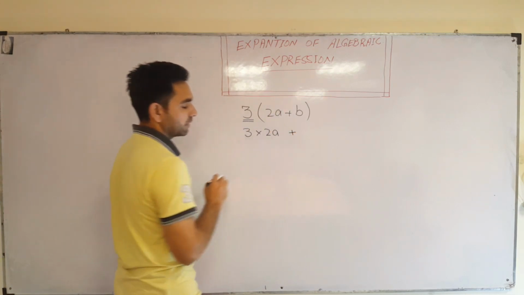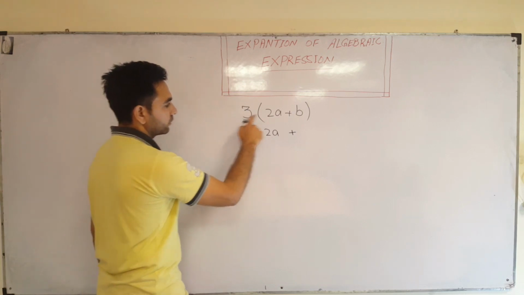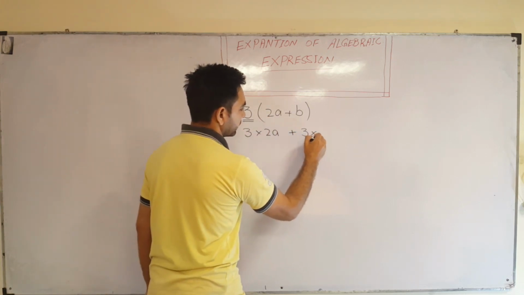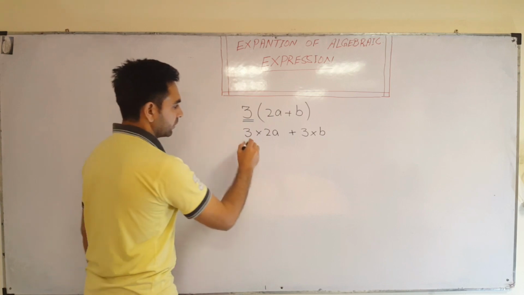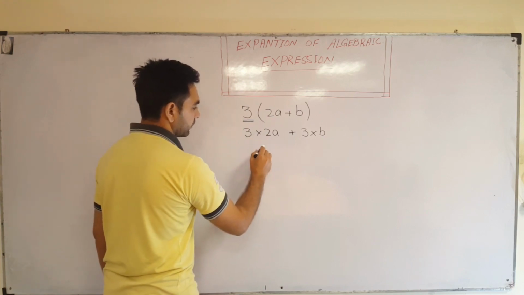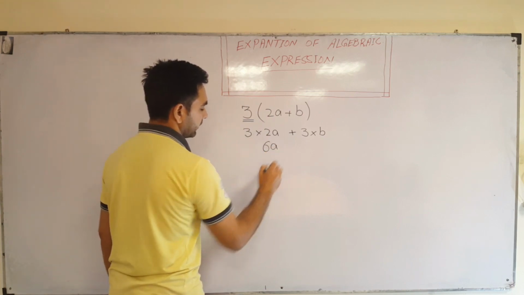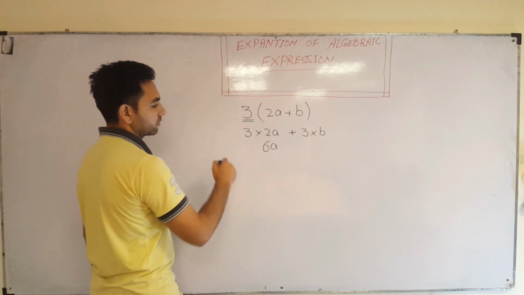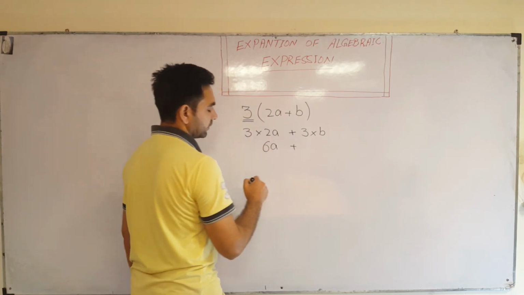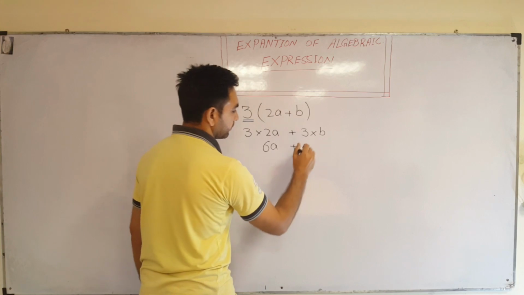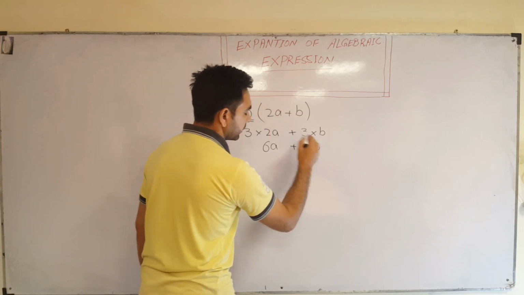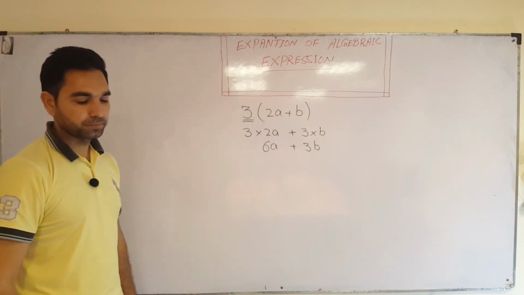The sign here is plus. Now you multiply the 3 to b. So 2 times 3 gives us 6a, with a as it is. So you write 6a. Now 3 times b is 3b. So that is the expansion.